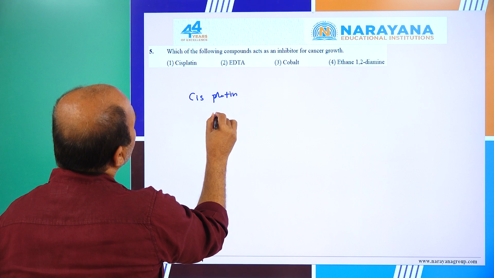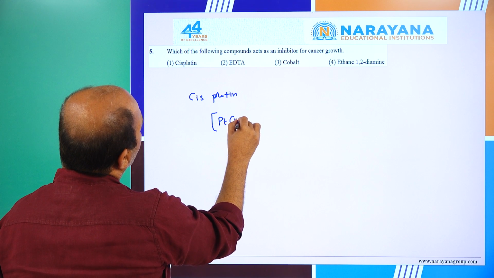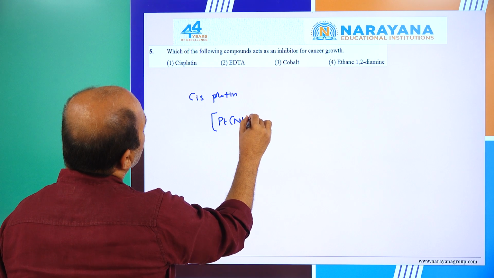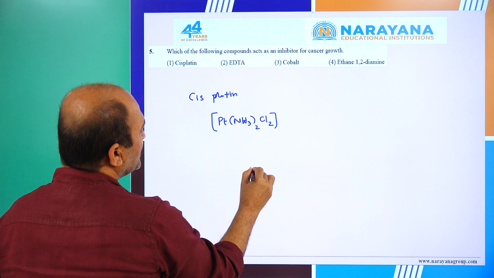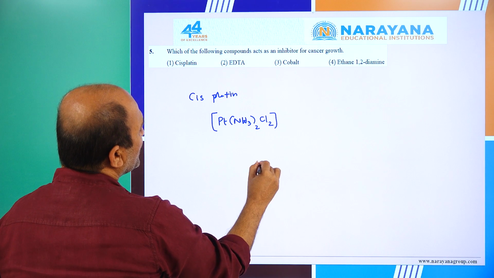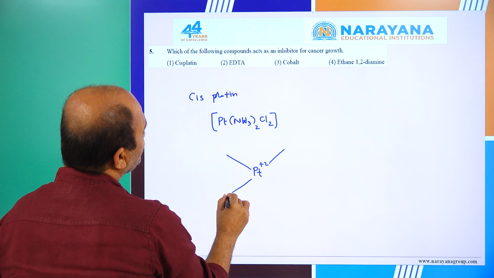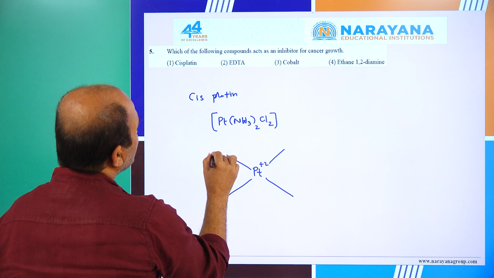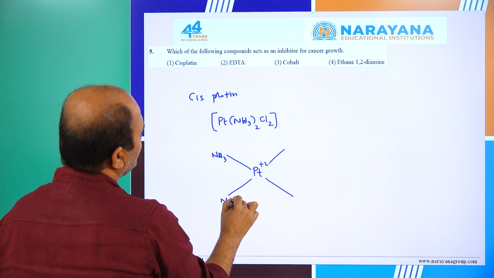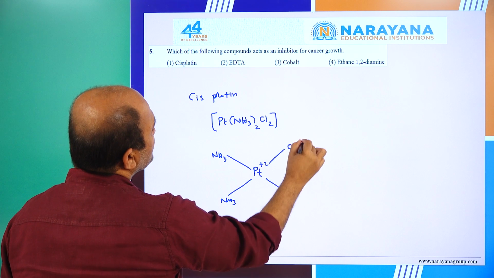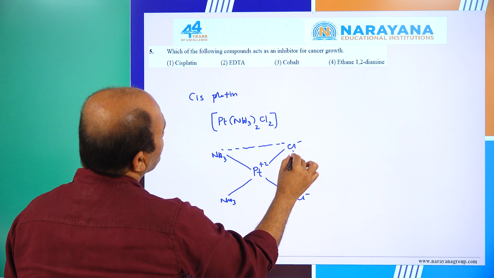Cisplatin is a complex of platinum, Pt(NH3)2Cl2. Here the central atom, platinum, has +2 charge and it is a square planar complex. Here is NH3, here is NH3, here is Cl minus. It is a square planar complex.